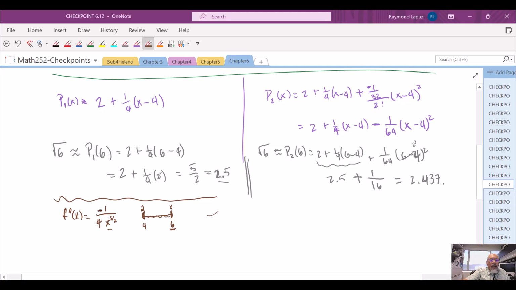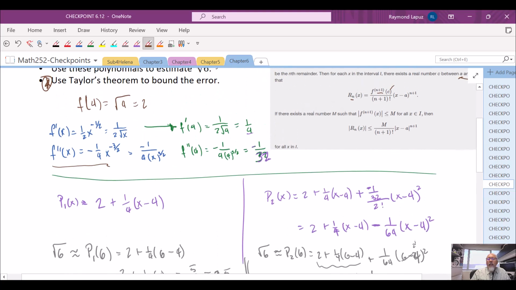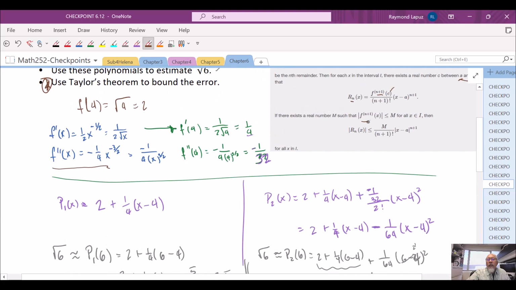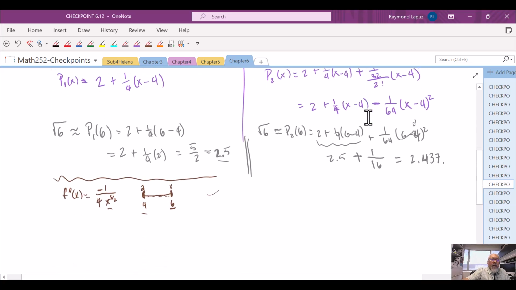But this is a negative here, which means that 4 is going to give you the largest value. So in the theorem, they want us to find the maximum number. There exists a real number M such that M is going to be the largest of all those values. So let's find capital M here.